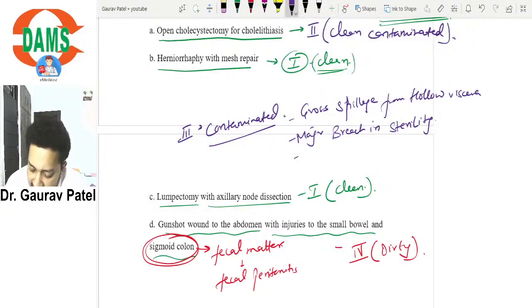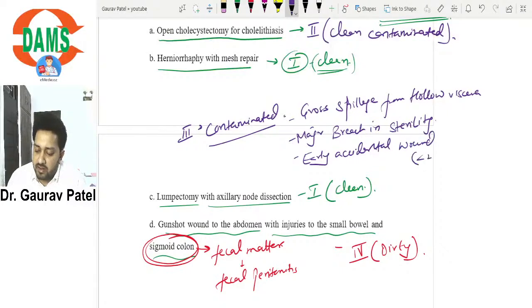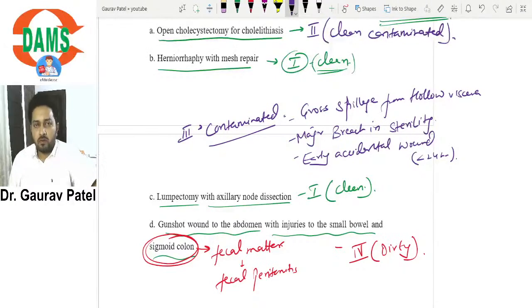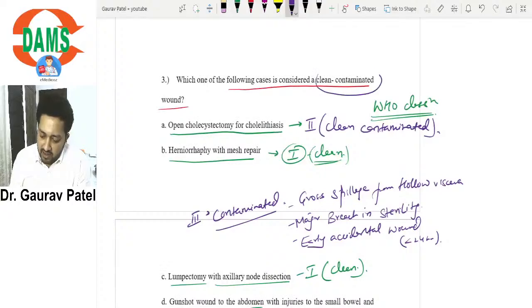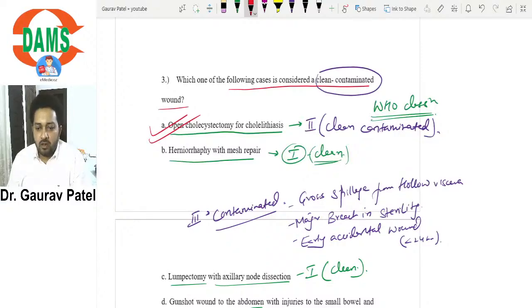This was asked in the INICET last year. And if there is early accidental wound, less than 24 hours. So these things come under contaminated wounds. Okay, so the answer is clean contaminated. It is option number A, open cholecystectomy. Option number A, open cholecystectomy.